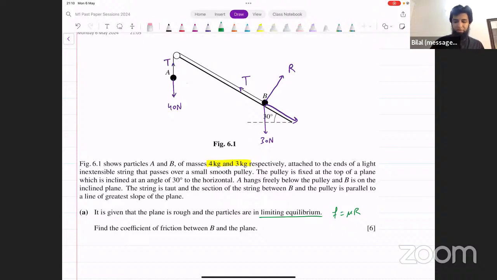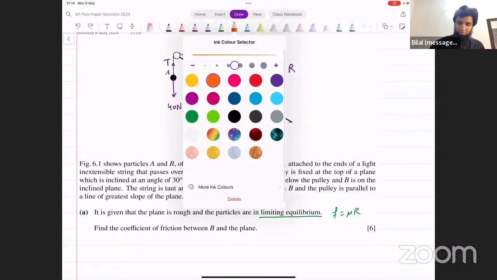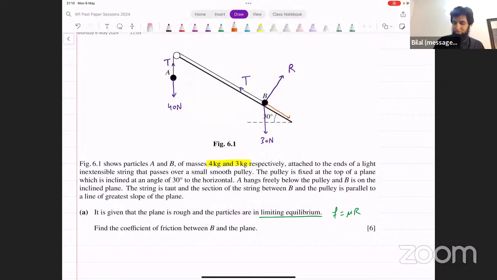Now, where does friction act? Friction opposes that. So friction is going to oppose that and act in this direction, down the plane. These are all the forces that we've got acting on the two objects. Okay, now let's resolve them. We only have to resolve the weight here. That's 30 Newton. There are two components of weight. One component is going to act here.